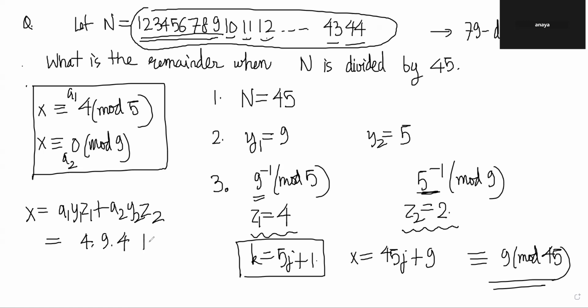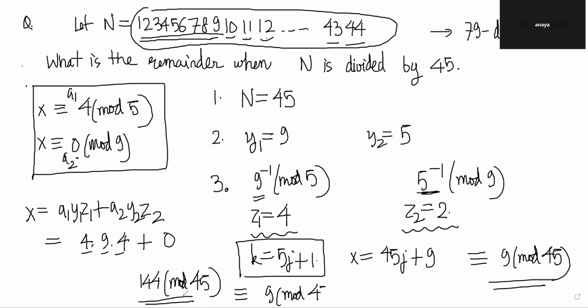And A2 is 0, by the way, so that term is 0. So this becomes 144 mod 45. Notice that 45 into 3 is 135, so 144 is the same as 9 mod 45, right?